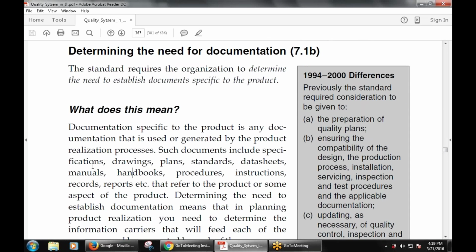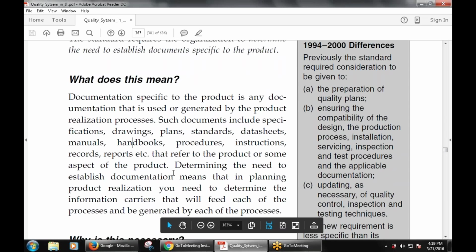Such documents include specifications, drawings, plans, standards, data sheets, manuals, handbooks, procedures, instructions, records, reports, etc. Whatever we prepare as written proof refers to the product or some aspects of the product.